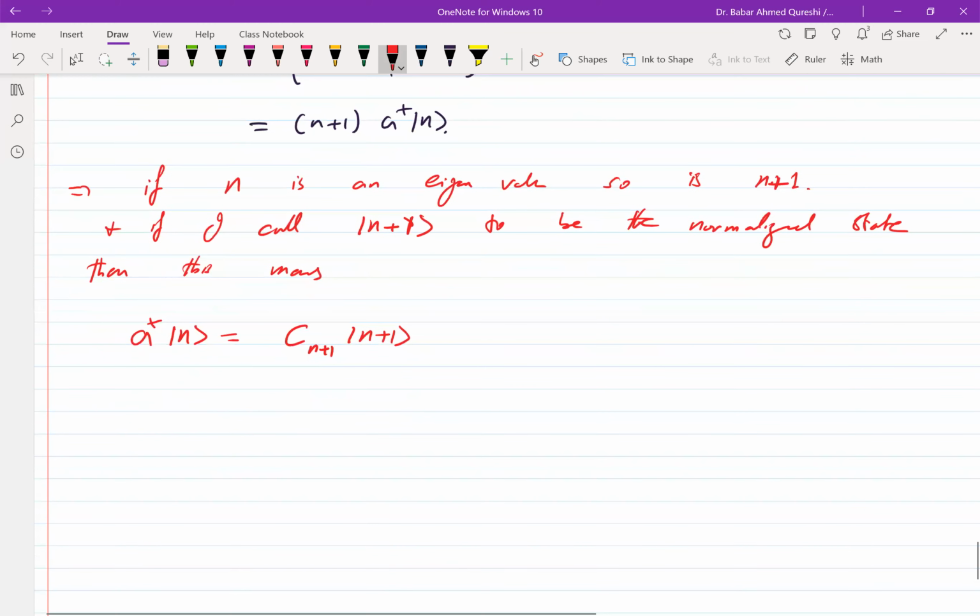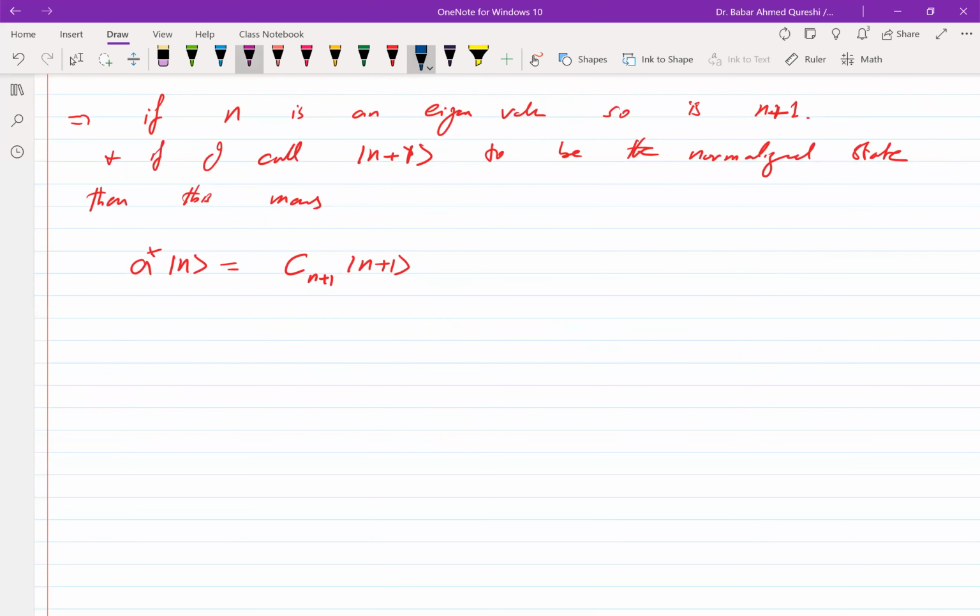So what we have proved is that if there is any eigenstate of the number operator with eigenvalue n, then I'll find an eigenstate with eigenvalue n minus 1, and I'll also find an eigenstate with eigenvalue n plus 1.